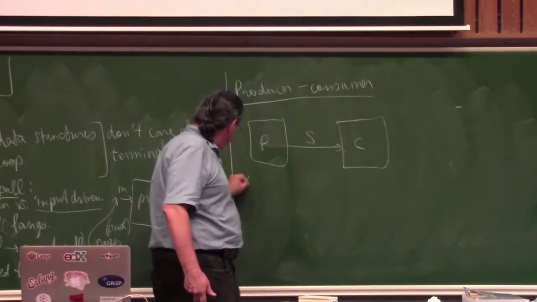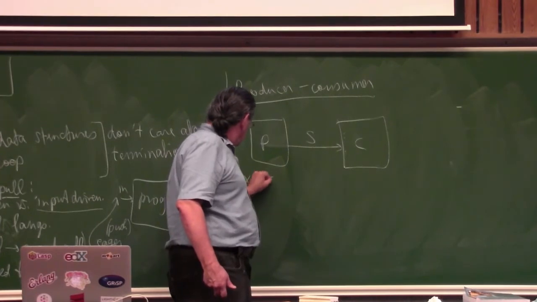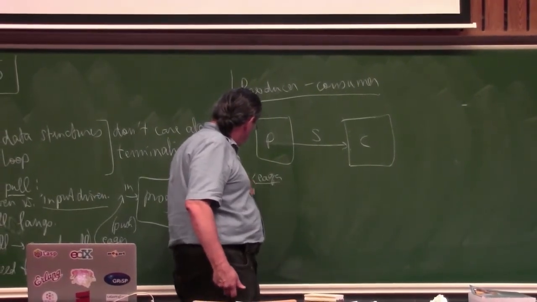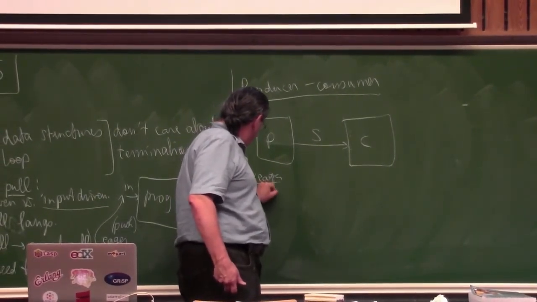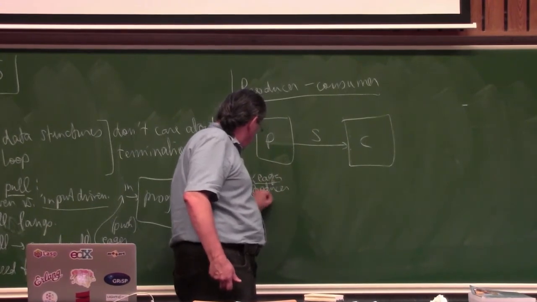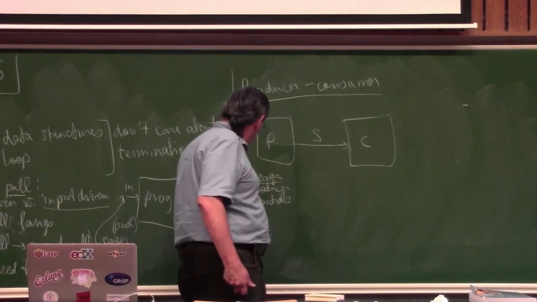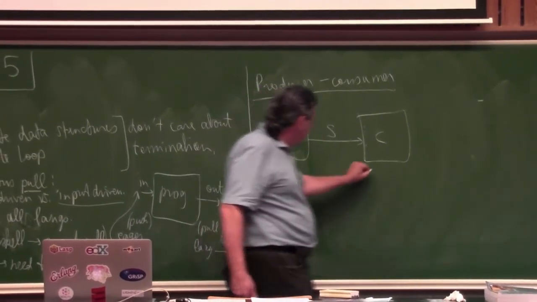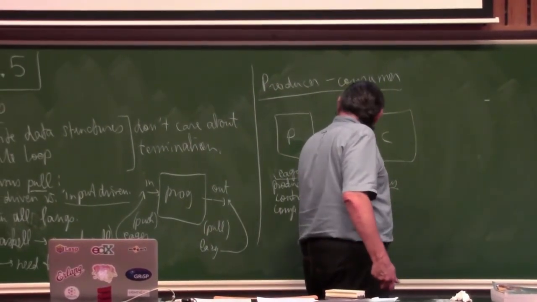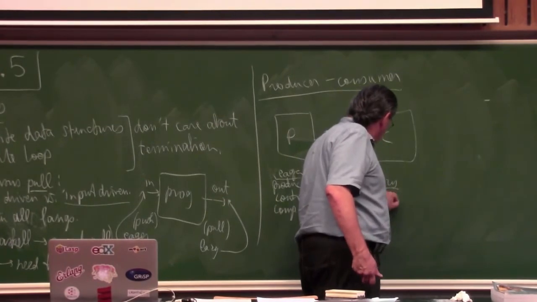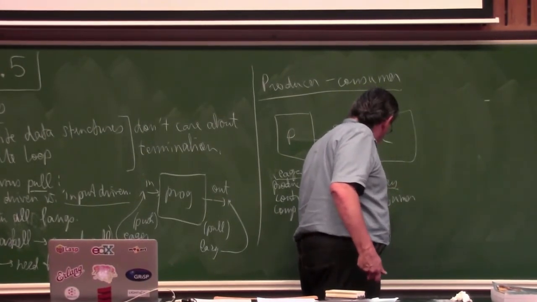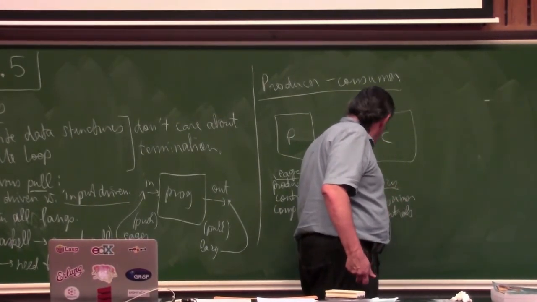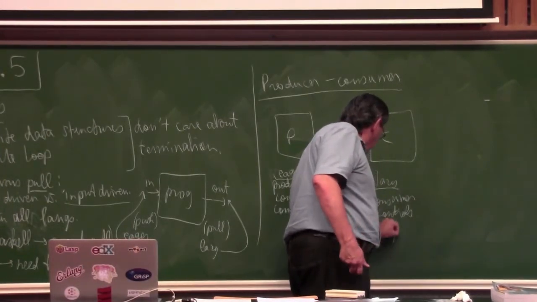The eager way: in the eager way, the producer is in control. The producer controls how many things, controls the computation. And in the lazy way, it's the consumer that controls the computation. So you see, it's a very dual approach.